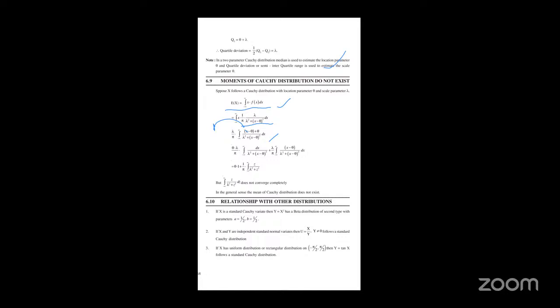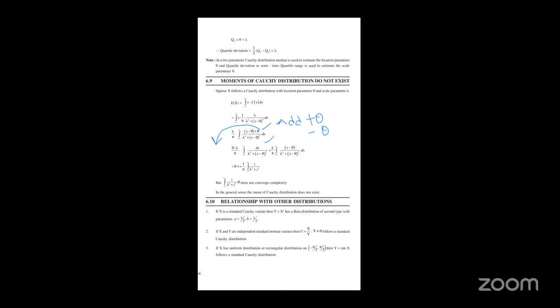If we cancel minus theta and plus theta, we again get x only. So for the simplification in the derivation, we add plus theta and minus theta. Then lambda square plus x minus theta square will be similar. After that, theta can come outside.